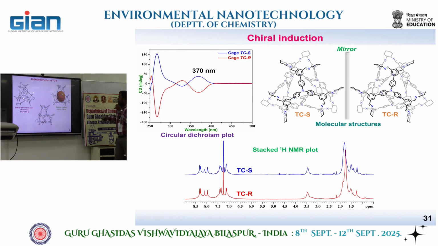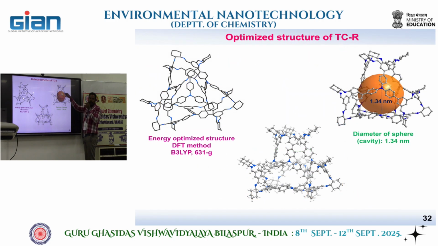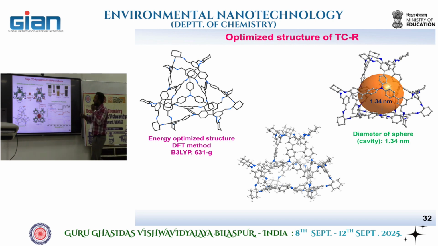So here, because it has a pocket, and also it has cyclohexane diamine, meaning all nitrogen atoms which can complex with metal atoms, we tried whether this cage can interact with some metal precursor to prepare some complex or nanoparticle. So what we have done, this cage we have taken in chloroform soluble, and we have added palladium acetate.